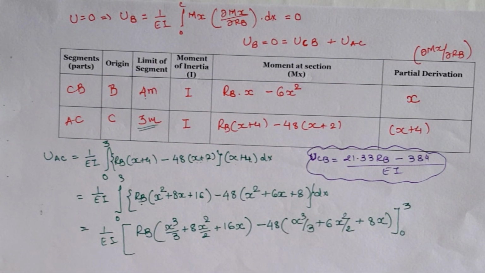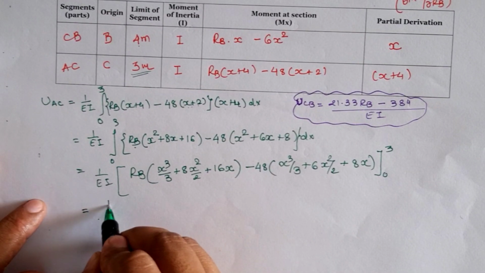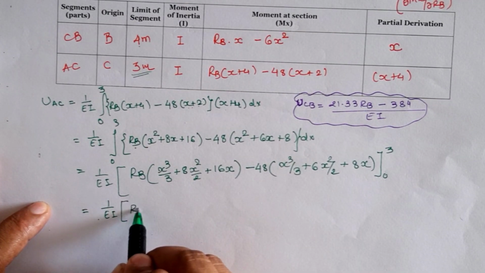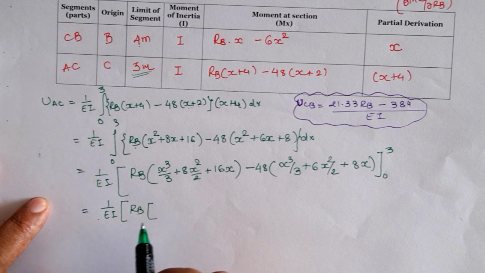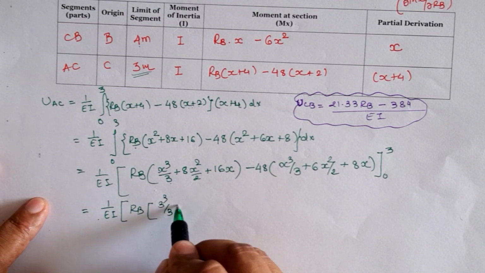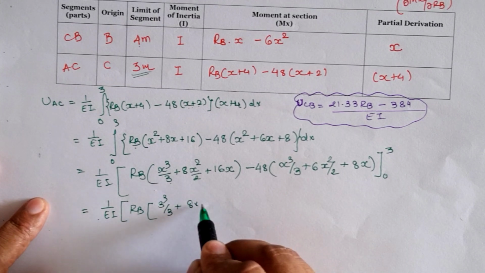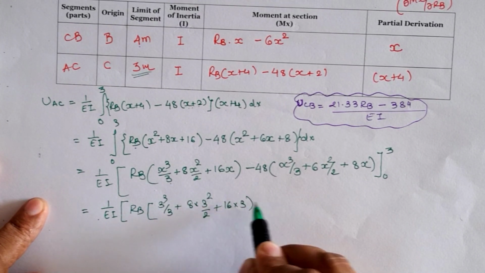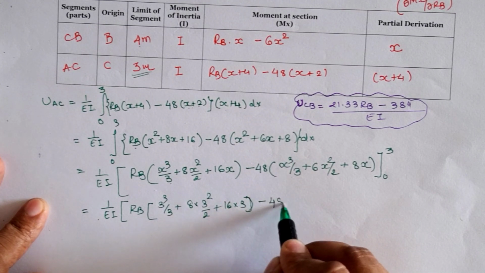Now closing this limit, we will have here 1 by EI is constant for all the terms, and the rest value is RB is a constant. Now x cube by 3 and the upper limit is 3, so 3 cube by 3 plus 8 into x square by 2 as 3 square by 2 plus 16 into 3. Minus 48 is constant.